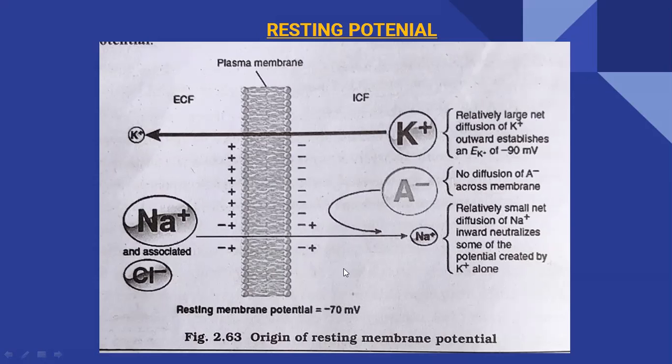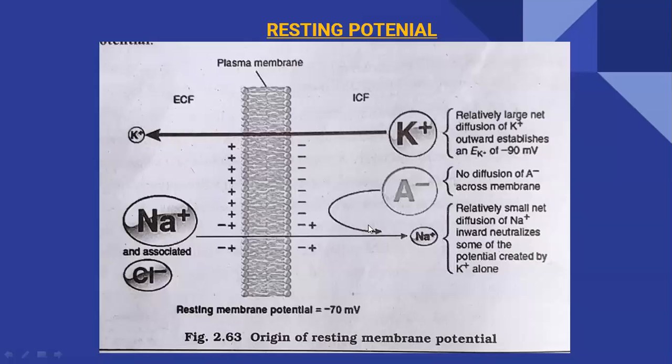When the membrane is at resting potential, more potassium ions move out of the cell compared to the sodium ions coming in from the extracellular fluid; only a lesser amount of sodium ions get inside the cell.